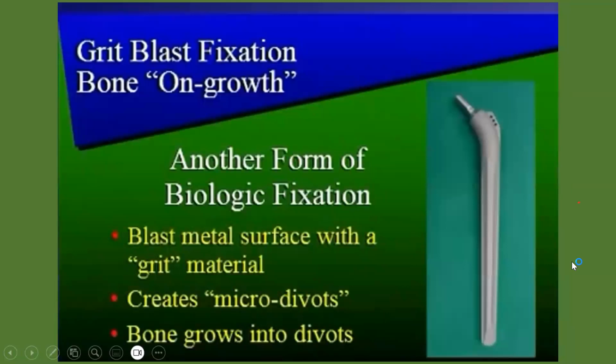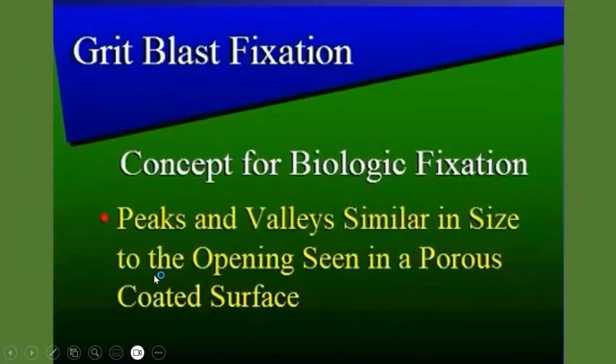The metal surface is blasted with a grit material, which creates micro-divots and bone grows into the divots. This is an on-lay grit blast. It's not within bone, so the fixation is superficial and it can pull out with time.